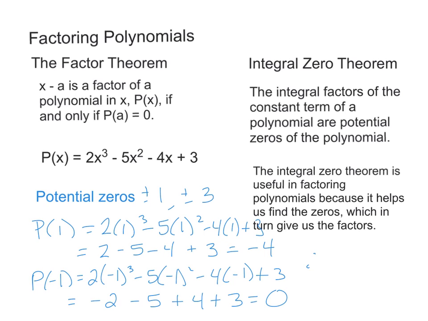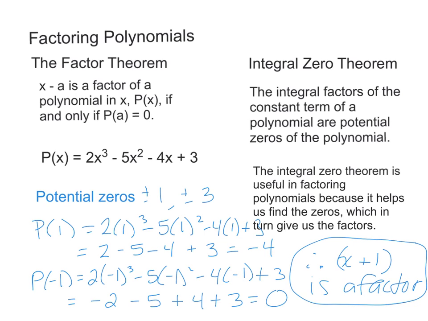So therefore, x minus negative 1, or x plus 1, is a factor. I don't have to check for other factors. We only need to find one factor. So there we found one. That's the factor theorem. As soon as you find one that equals out to 0 when you fill it in, then you found a factor.